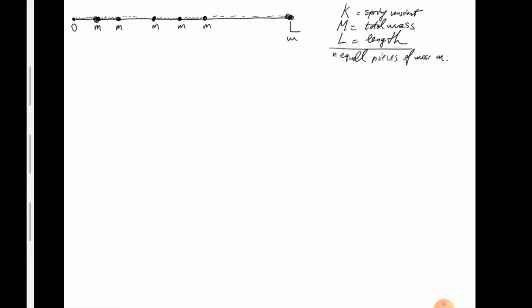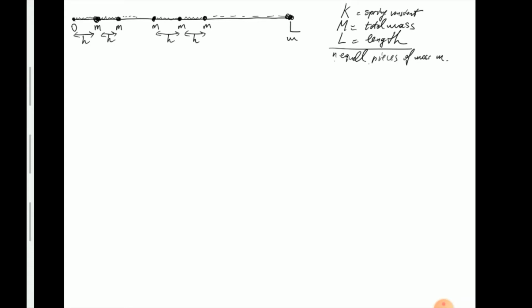Now, because we split big L into n equal pieces, equally spaced, the distance between each nearby pieces is going to be big L over n. Let's denote this distance by little h.